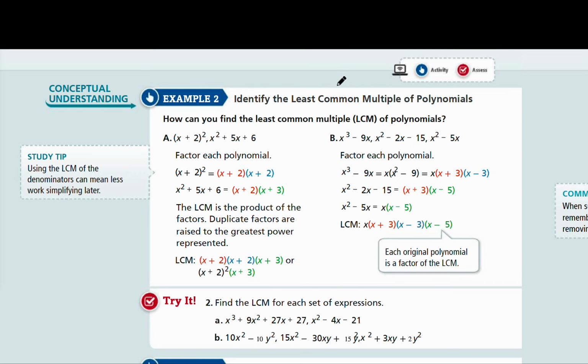So part A, if we have these two polynomials, how can we find the LCM? What is the LCM? It is the smallest multiple that they have in common, right?